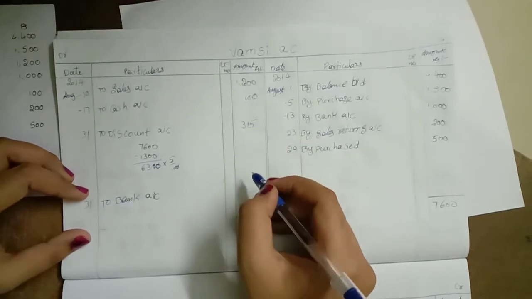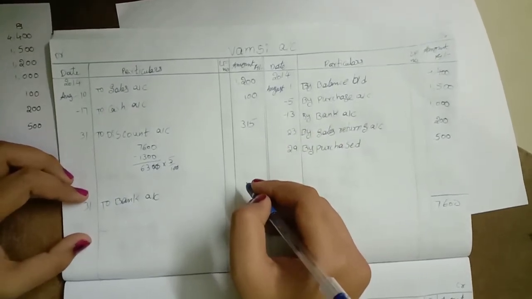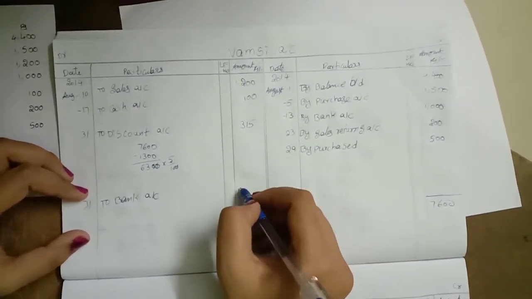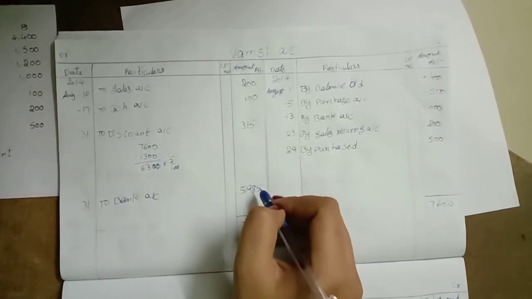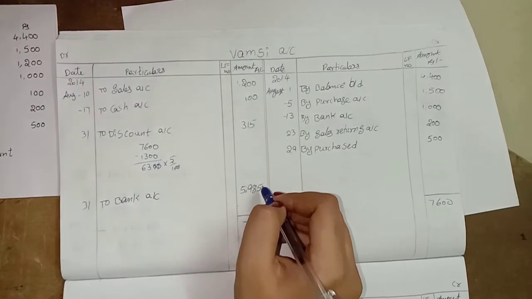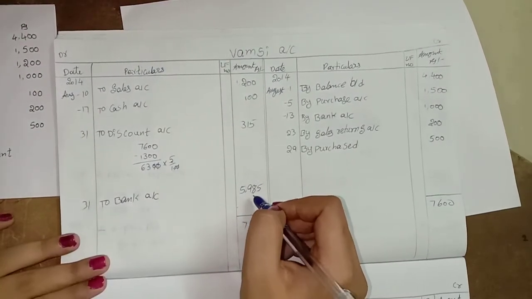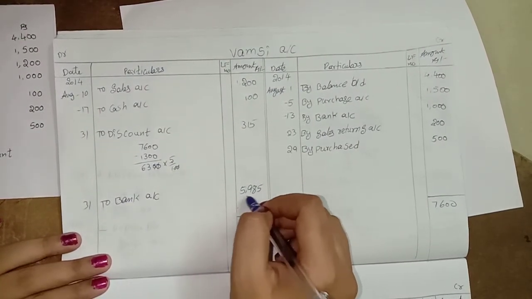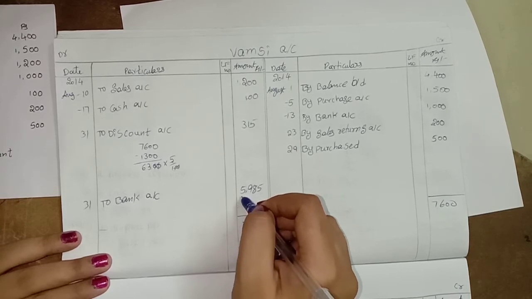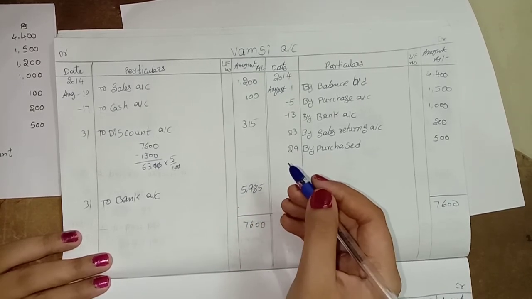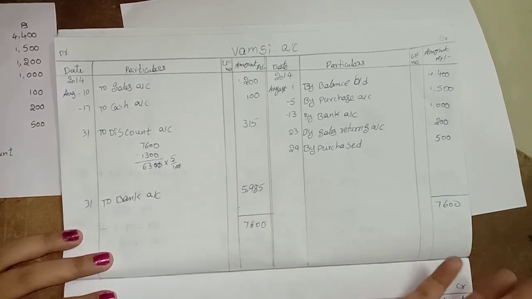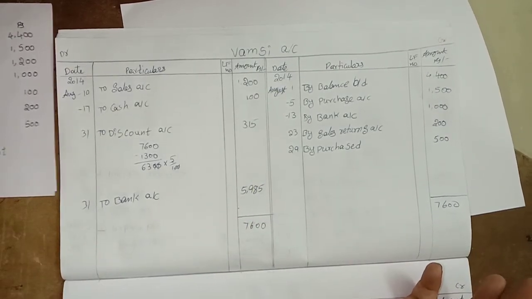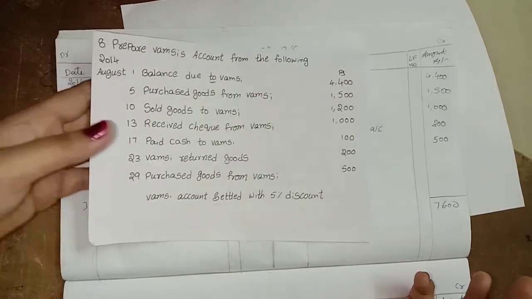So the amount is 5,985. So this is the full settlement Vamsi is going to pay to our business. So these are the transactions of Mr. Ganesh held in August.